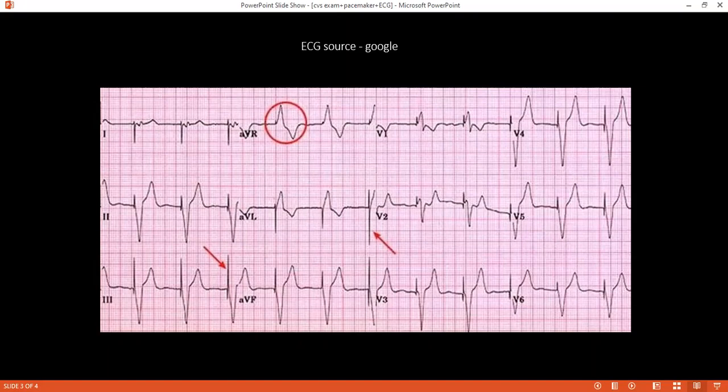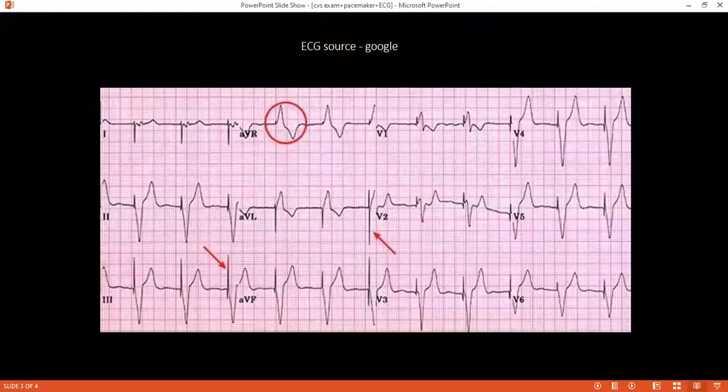So they are artificially induced electronic stimulation that paces the patient's rhythm, causing a blip or spike on the ECG waveform. All right, okay, that is AVR and then AVF and V2.